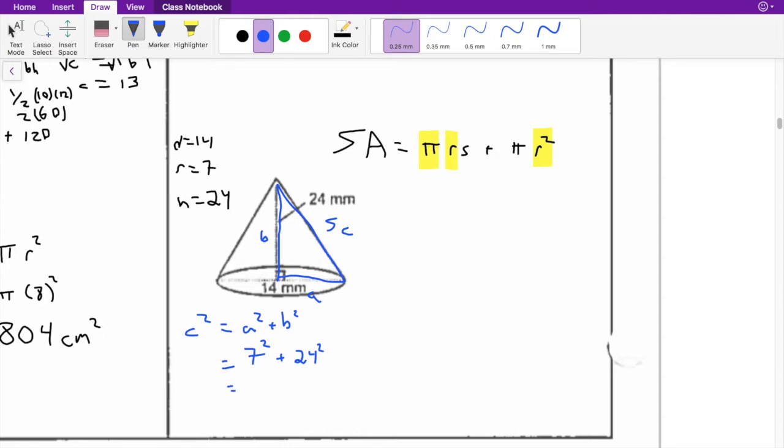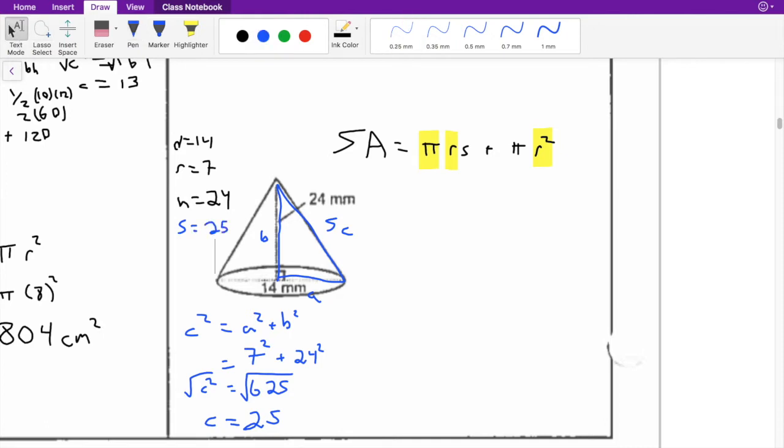If we plug that into our calculators, we get 625. C squared equals that. So to get the opposite of a square, we square root. C equals 25. So now we know what C equals. In that case, we know what slant equals. So our slant equals 25.